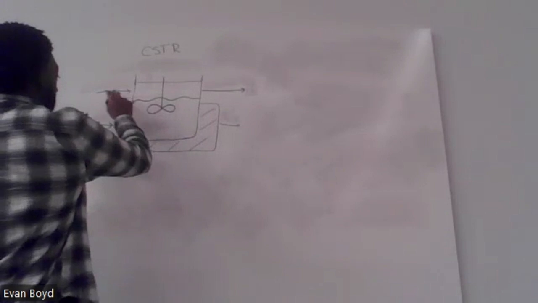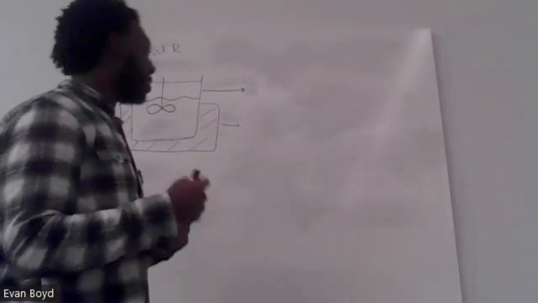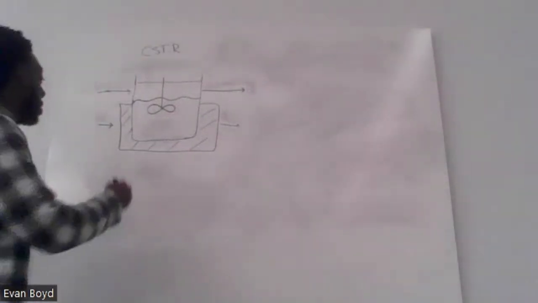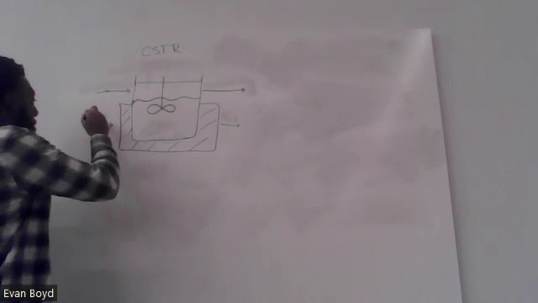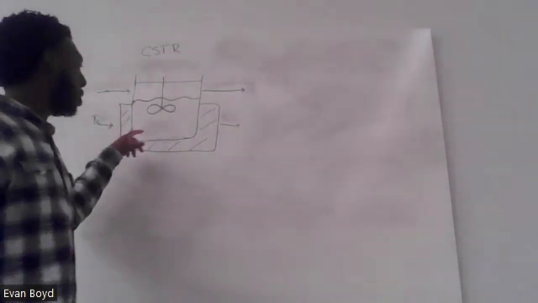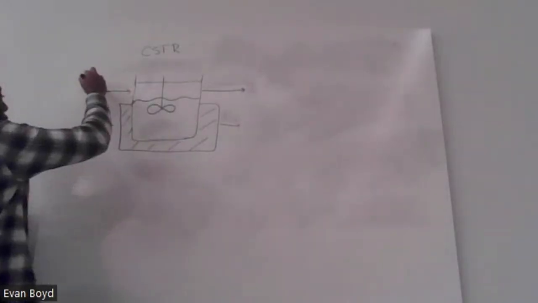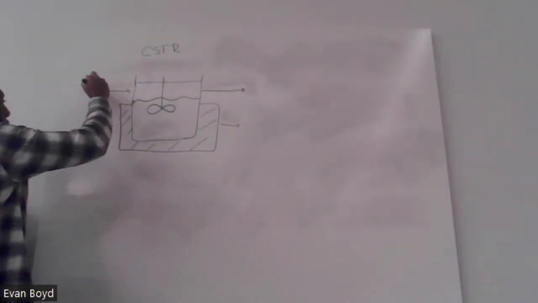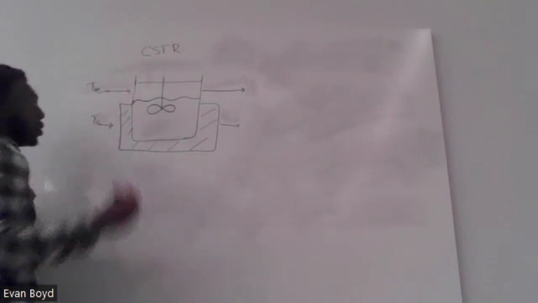A liquid will flow into the tank, and once it builds up, the tank will start mixing. On the bottom, we have a cooling liquid, call this TC, going into the tank. That's lower than the initial temperature going into the tank, T initial.